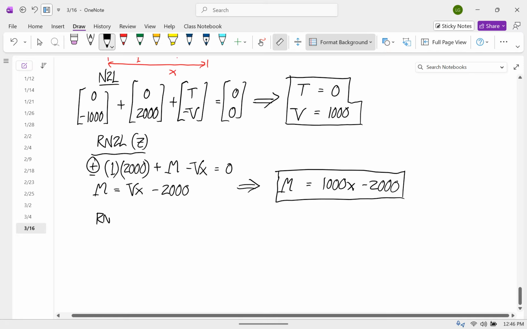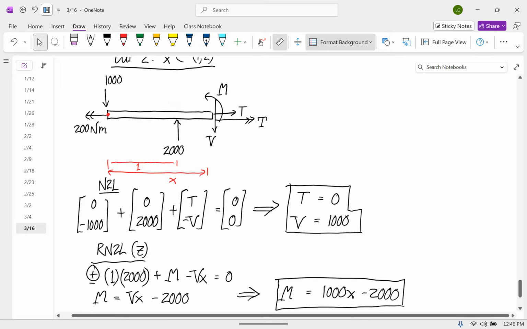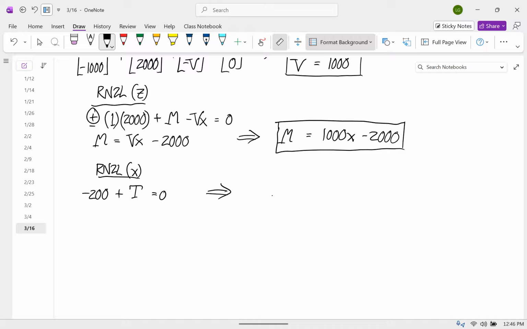And then the moment equation about the x-axis, we have the torque of negative 200 plus the internal torque is equal to 0. So just like with the first cut, our internal torque is equal to positive 200.